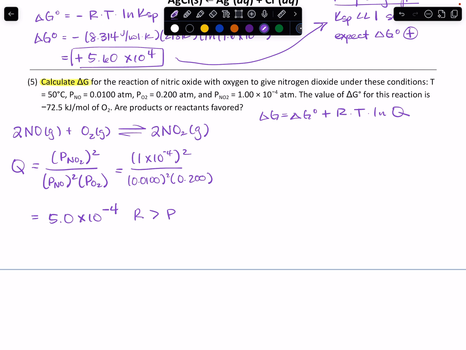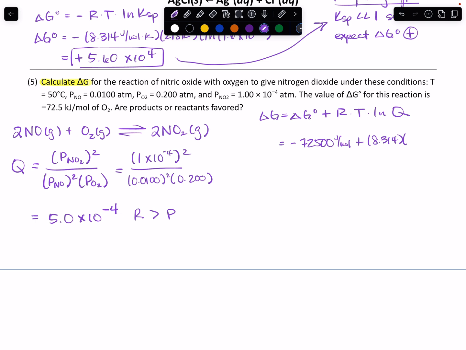All right, so we come back to our other formula and we're going to plug in our values. Again, remember R is in joules. So I'm going to convert that negative 72.5 kilojoules to negative 72500 joules per mole. And that will be plus 8.314. I'm going to drop my units just because I don't have a lot of room. 50 degrees Celsius is equal to what in terms of temperature?